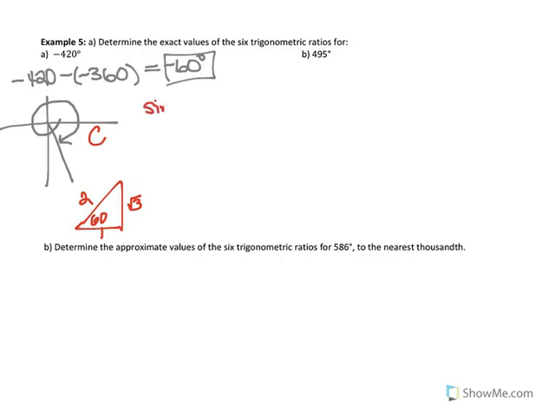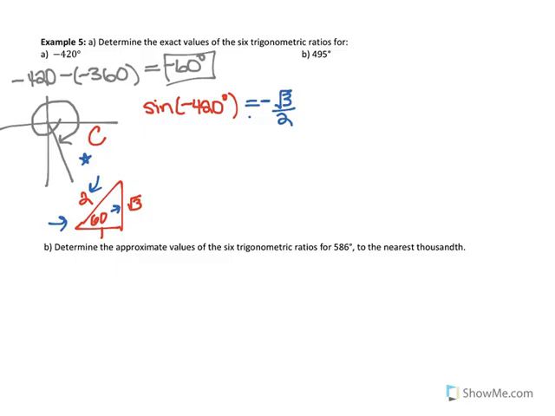If I wanted the sine of negative 420 degrees, because it has the same reference angle of 60, we can use the 60-degree angle to find our sides. Opposite of 60 is root 3, hypotenuse is 2, and because it's in quadrant 4, only cosine should be positive, so I'm going to make my answer negative.